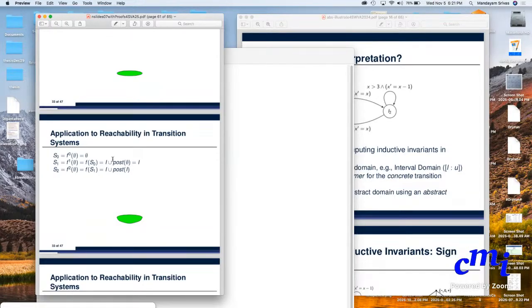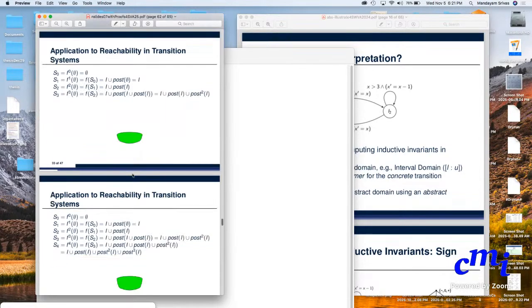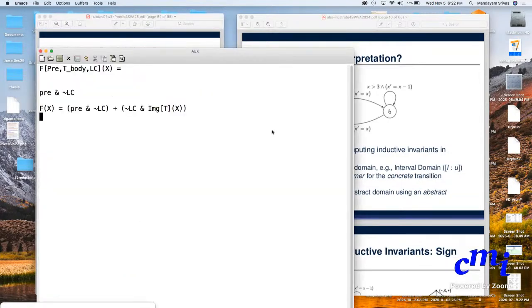In the next iteration, of course, I'm applying it to this entire thing, like I'm doing here. That's why you get I union post of I union post. So what Ayan said doesn't apply, because if you said I apply to bottom, that I'm not applying, because that's already a predicate. So I'm taking a union of these two predicates.